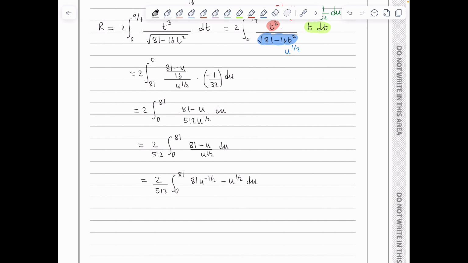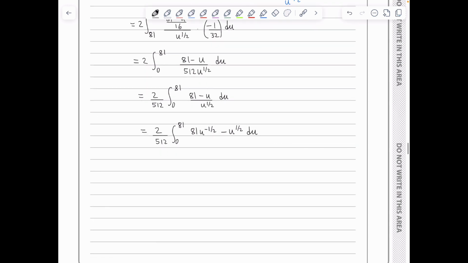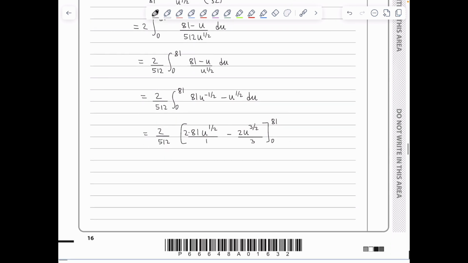I can then proceed in integrating. So we've got 2 over 512, we've got 81 u to the half divided by a half, and then we've got minus u to the 3/2 divided by 3/2, with the limits being 0 and 81. So we're looking at 2 over 512. Let me substitute the upper limit of 81.